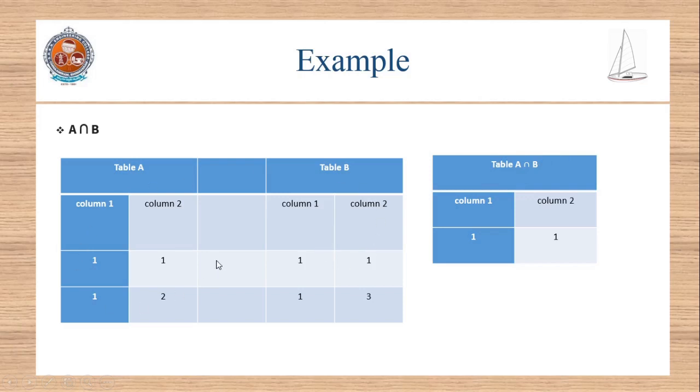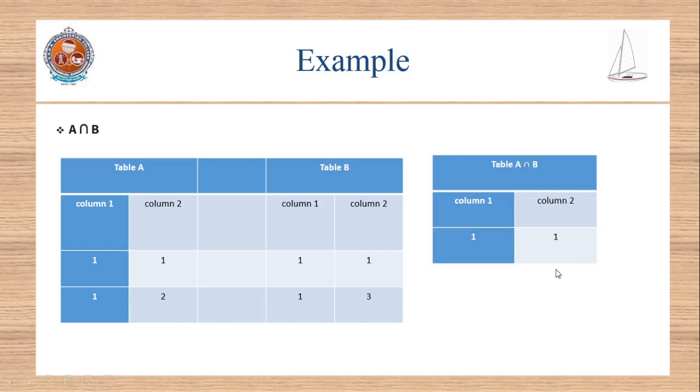So here in this example, we are having one tuple, that is the first tuple in table A and the second tuple in table B, which are having the same values. Means which are common. So only that one will be given as output here. So column 1 and column 2 having value 1 and 1. As we said that no duplicates are allowed, so only one tuple is shown here and the other one is eliminated automatically.